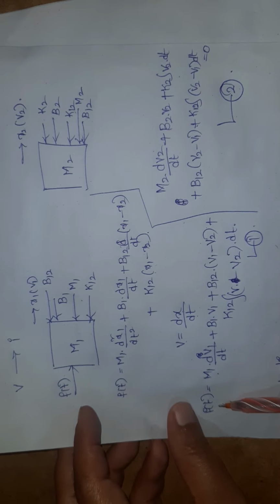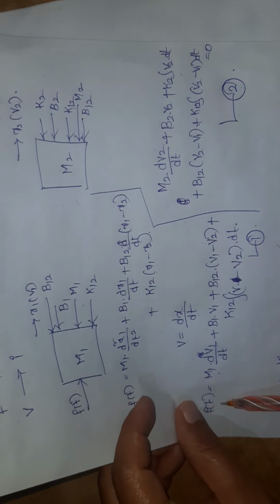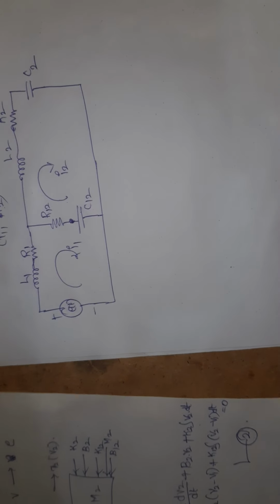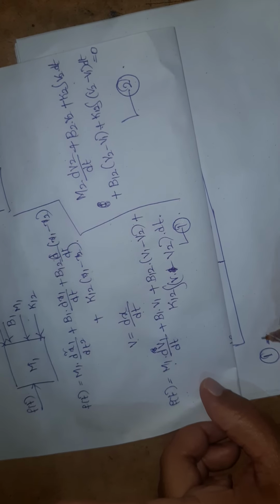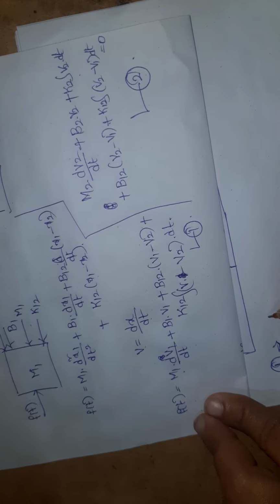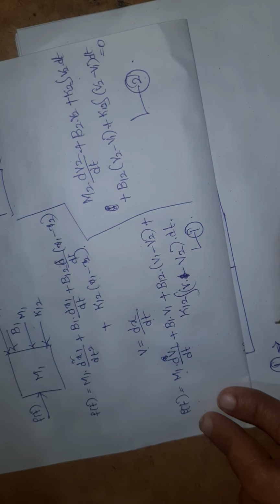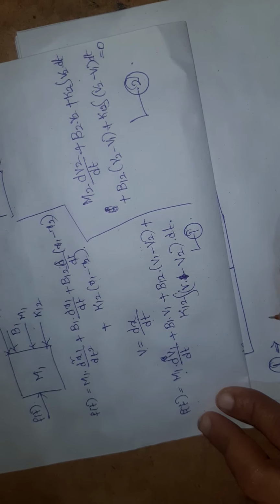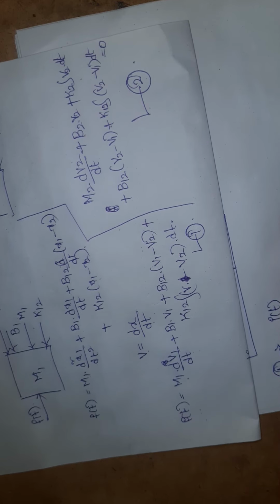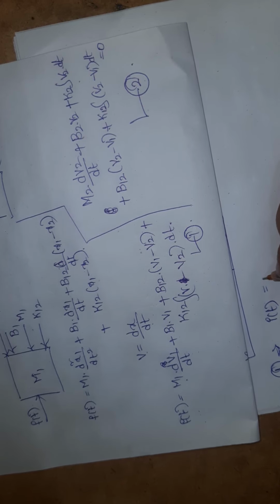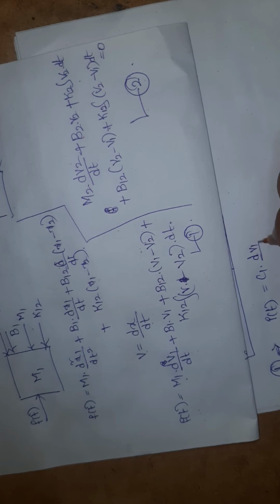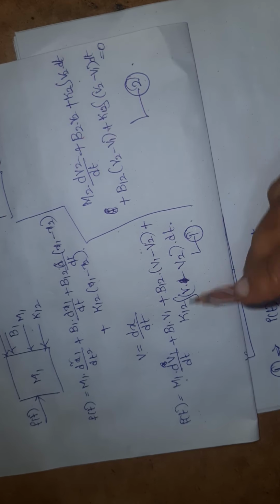So what is F of t in force to current analogy? From equation 1, F is replaced with the current source, that is I of t, is equal to, what is M? M is nothing but capacitance C. C1 dV1 by dt plus, what is B1?